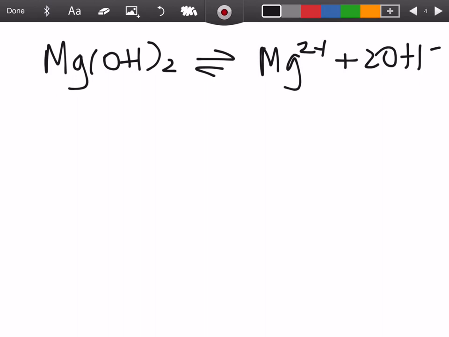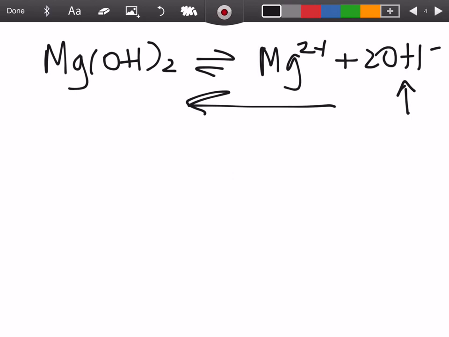So if I add OH minus, that's analogous to increasing this OH minus right here. And I always shift away from that increase, which means that I'm going to favor the reverse reaction, and I'm going to be making more solid. And more solid, less dissolved ions means I decrease the solubility here. So for part A, the addition of that OH minus ion would decrease the solubility.